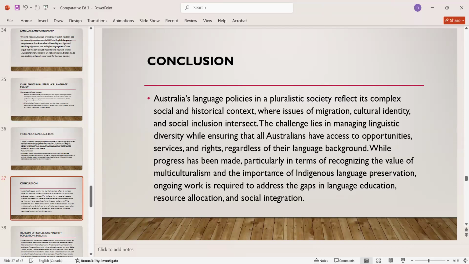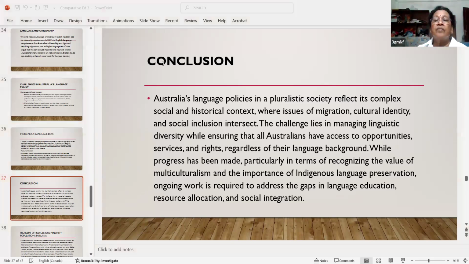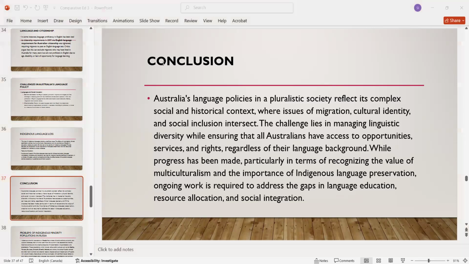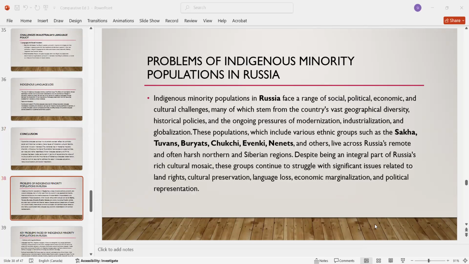While progress has been made, particularly in terms of recognizing the value of multiculturalism and the importance of indigenous language preservation, ongoing work is required to address the gaps in language education, resource allocation, and social integration. That is the conclusion of Australia.